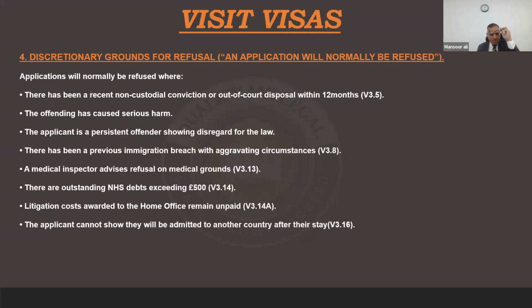For instance, there was a previous immigration breach. For instance, your client was in the UK on a visit visa, and he had breached immigration rules. Then you need to explain in detail why the client had breached immigration rules.